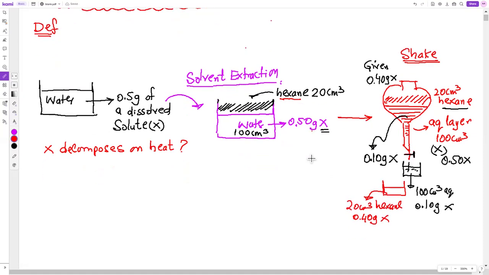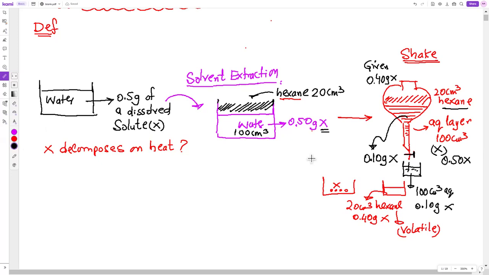Now the interesting part is that organic solvents like hexane are volatile, so hexane will evaporate without heating. When hexane evaporates, you will be left with X, beta. So this is how you extracted X without heating, and this entire thing is solvent extraction. Got the idea?